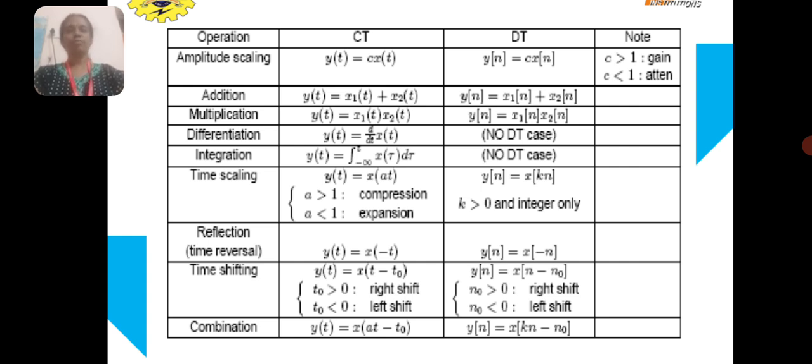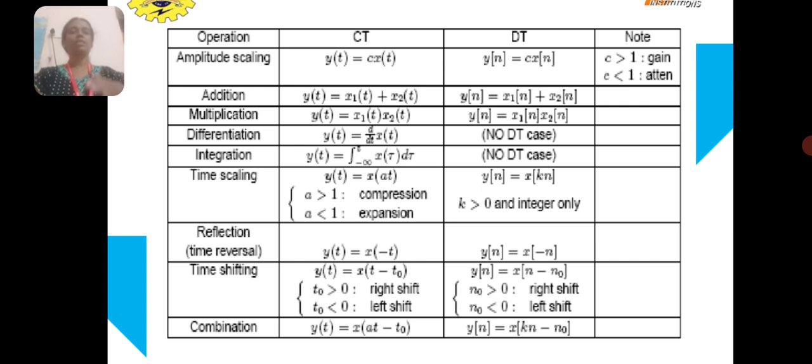Next is time shifting. As the name implies, shifting in the time axis, right? It can be either x of t plus t naught or x of t minus t naught. This t naught represents the amount of time the original signal has to be shifted, either to the right or to the left.